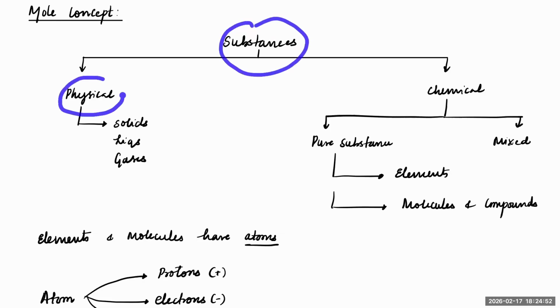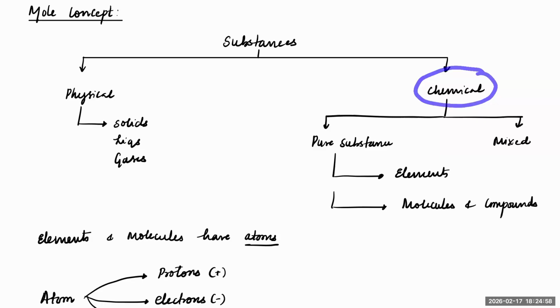One is on the basis of their physical state, and the other on the basis of their chemical reactions. So in physical state, we will emphasize whether the substance which you took is a solid, liquid, or a gas. While in chemical reactions, you will look into two aspects, whether it is a pure substance or whether it is in a mixed form.